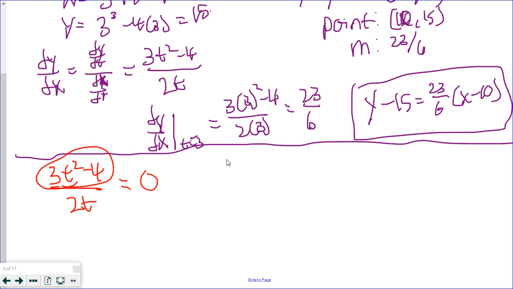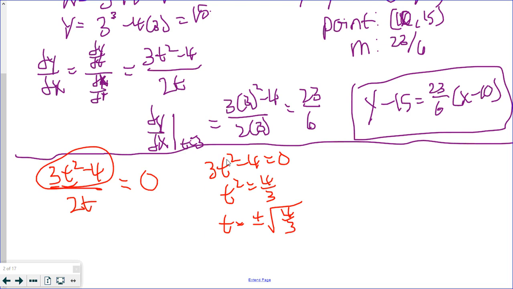So all I've got to do is 3t squared minus 4 equals 0, and solving for t is not terrible. t is going to equal plus or minus the square root of 4/3.